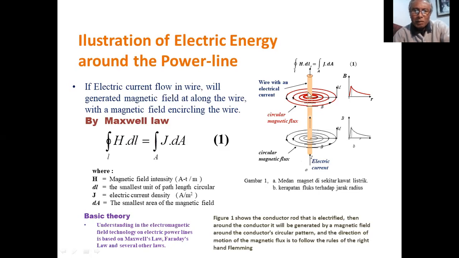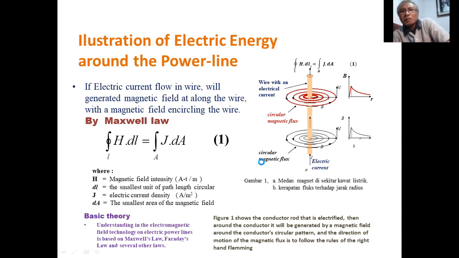In this figure, the conductor rod generates a magnetic field around it in a circular pattern, and the direction of motion of the magnetic flux follows the right-hand rule.